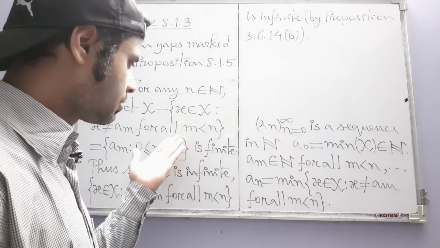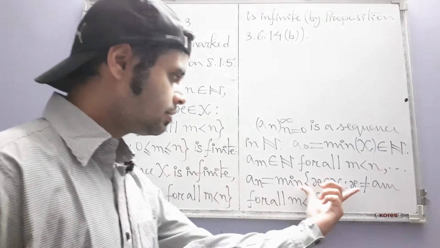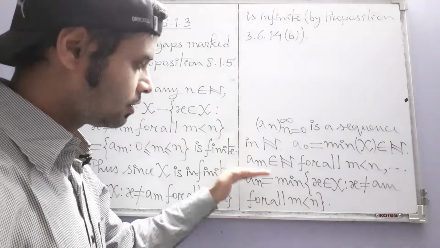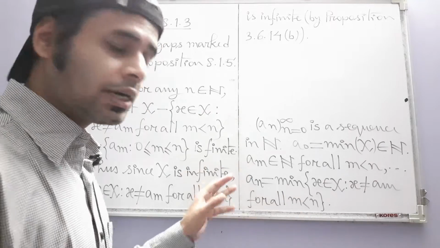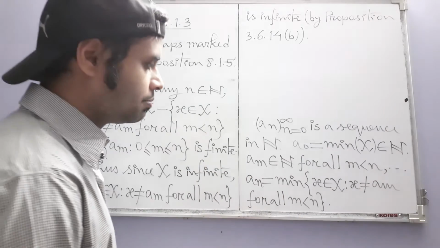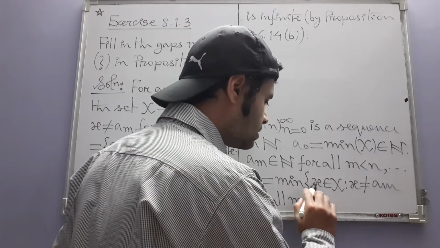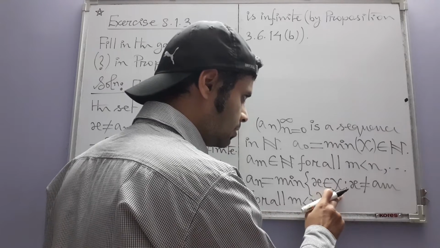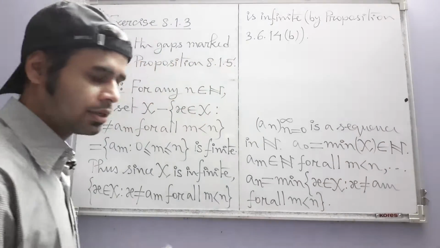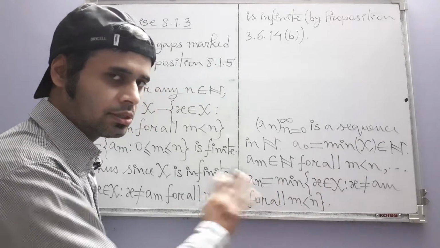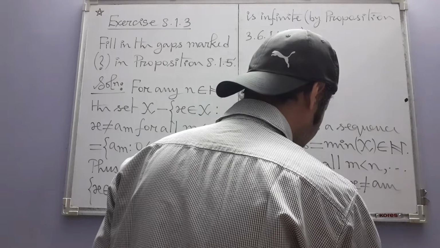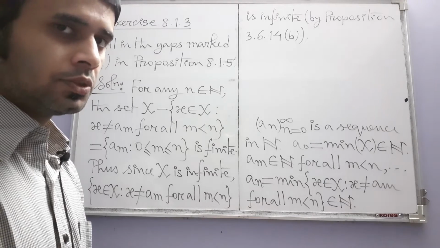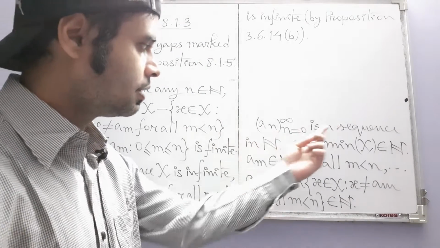Here, however, we are claiming something even stronger, that each such set that you see in the definition of each term is in fact an infinite set. However, it is non-empty. But the point here is that this is again a non-empty and in fact an infinite subset of X, which itself is again a subset of N. So this minimum, which will belong to this set after all, is in fact again a natural number. So it's almost trivial that this is a sequence of natural numbers.